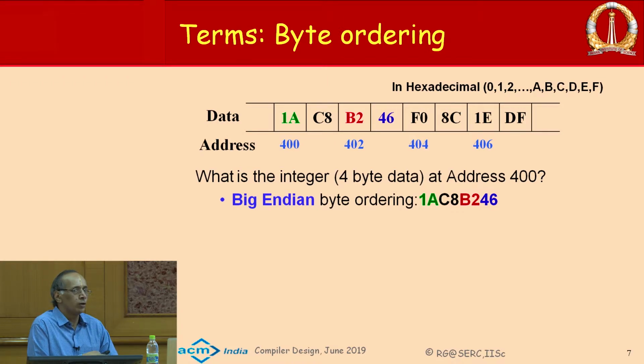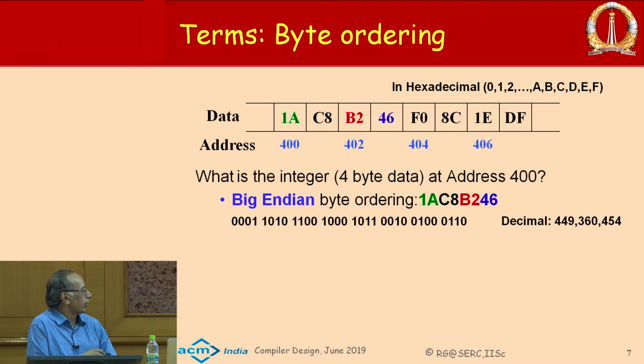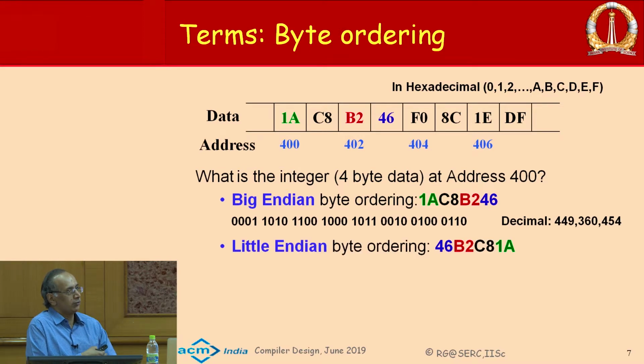This is what we call the big endian convention. The little endian convention is the other way around: 46 is the most significant byte, then B2, C8, and 1A is the least significant byte. Each computer is going to follow one or the other.